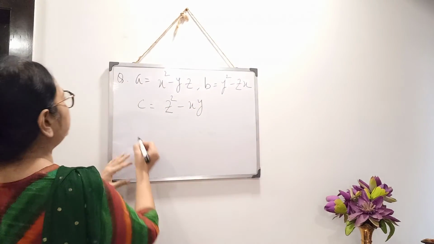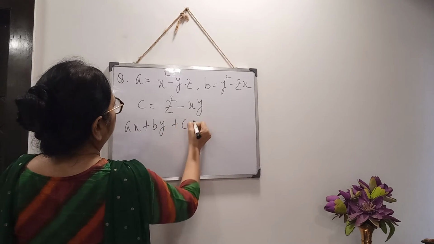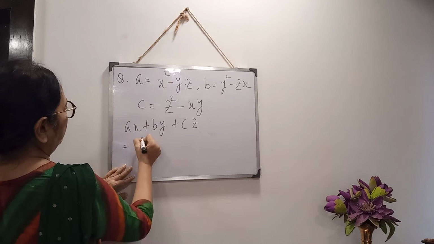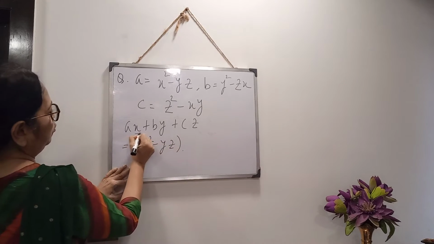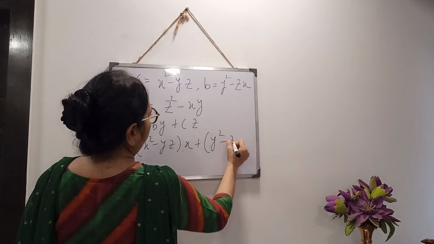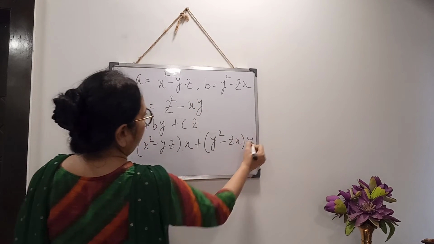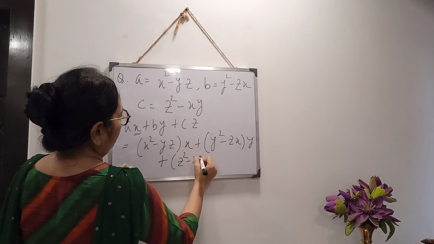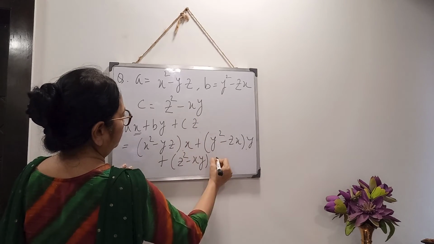Then find the value of ax plus by plus cz. So what to do first? In place of a, we have to put this. Clear? Then into x plus b into y plus, what am I doing? Nothing. I am putting the values of a, b, c into z.